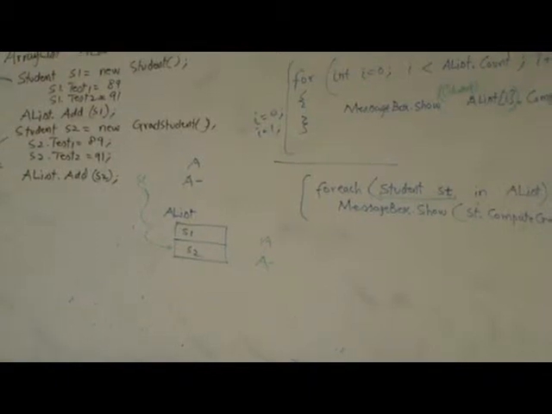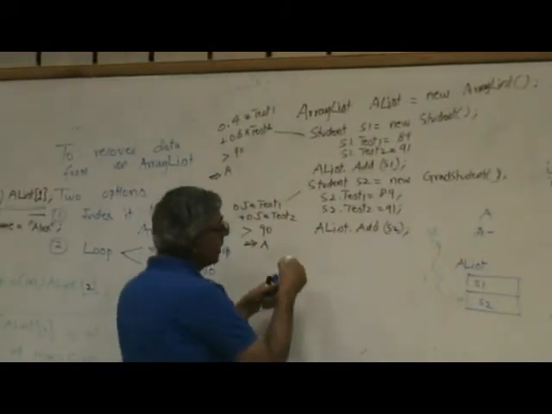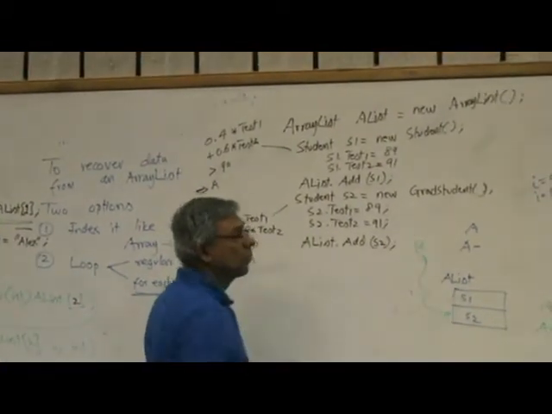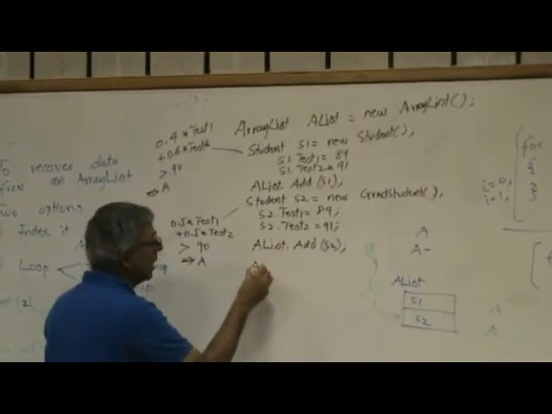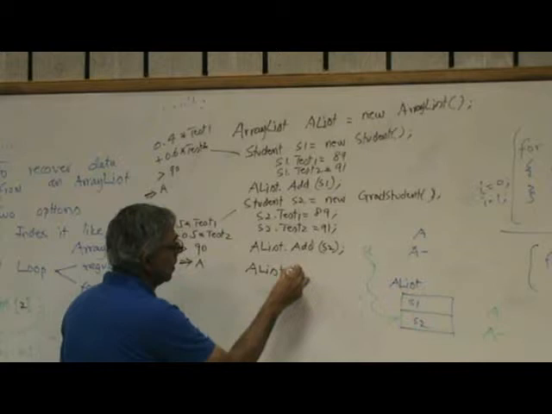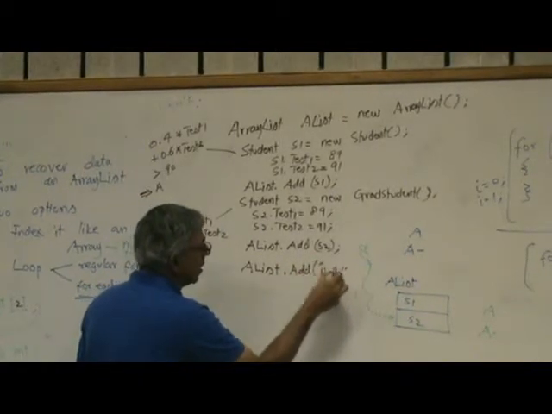However, in both cases, we can run into a complication, okay? So for example, suppose this code was working perfectly, then somebody went and added one more thing to the array list.